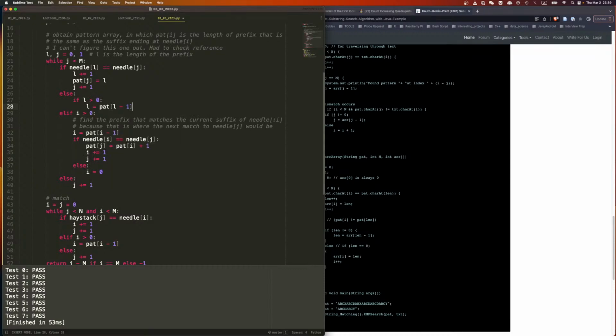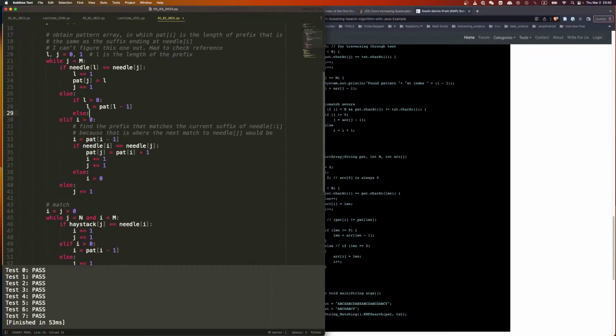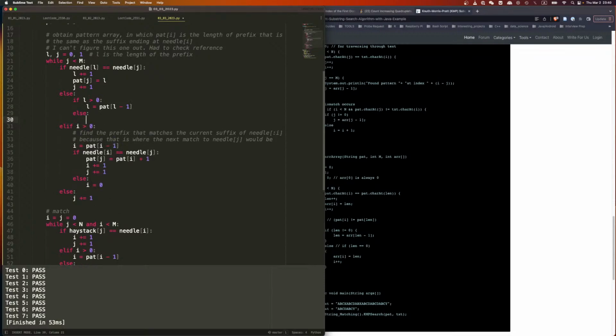So that will be the length of the prefix. And then in that case, we actually can go back up because this and this is the same, right? Else, we need to set length equal to 0.